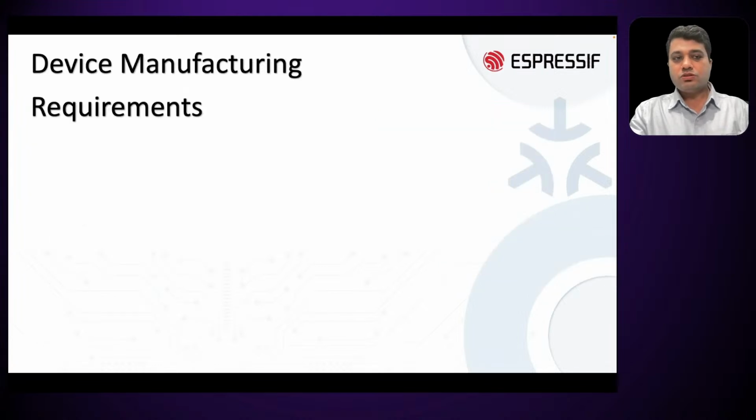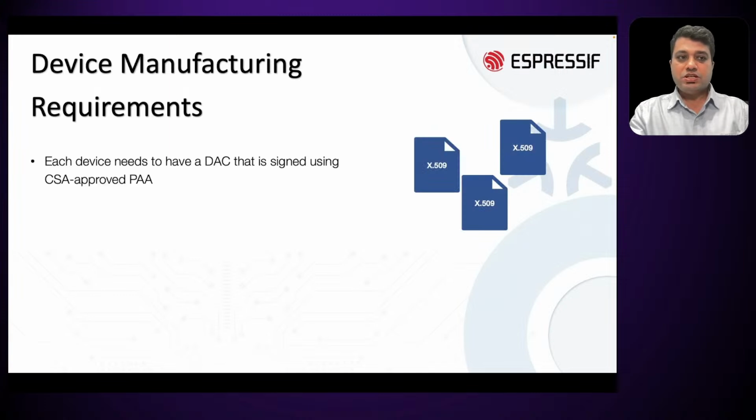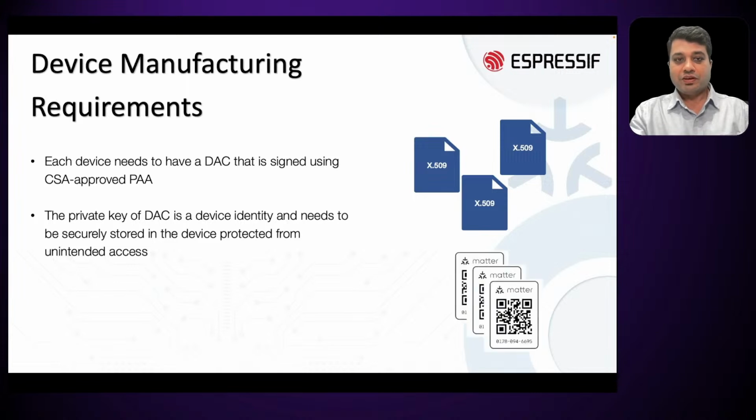So now let's look at what the manufacturing implications or manufacturing requirements are that arise due to this. As we discussed, each device needs to have the DAC certificate signed using a CSA approved PAA. The private key of the DAC, that is the private key corresponding to the device attestation certificate, is itself a device identity and needs to be protected and securely stored in the device.